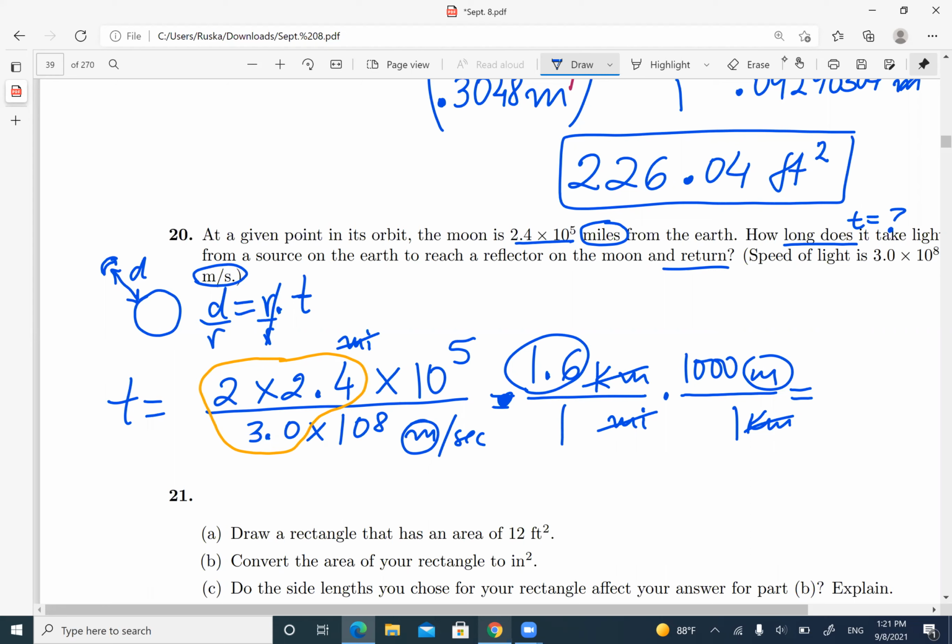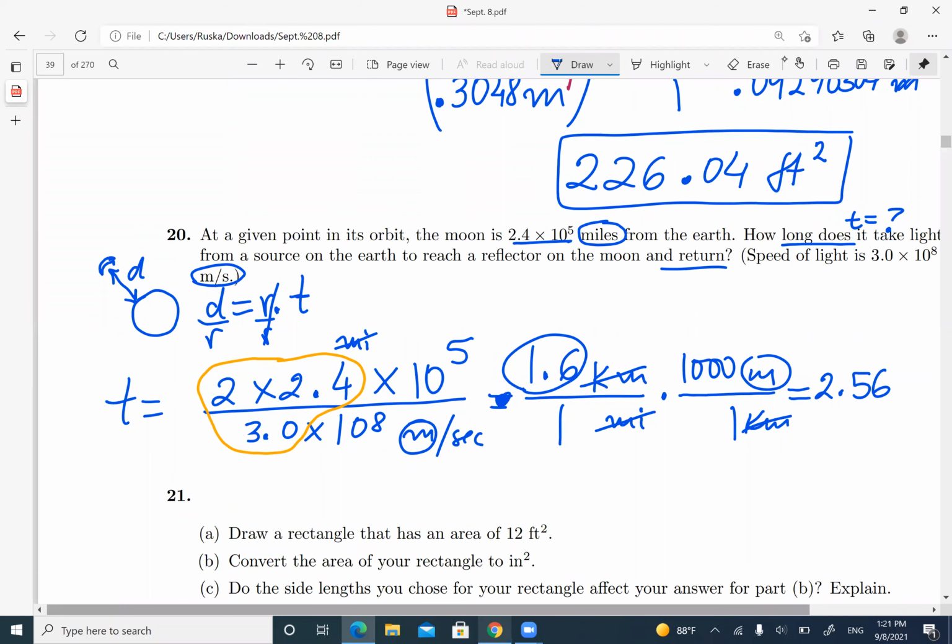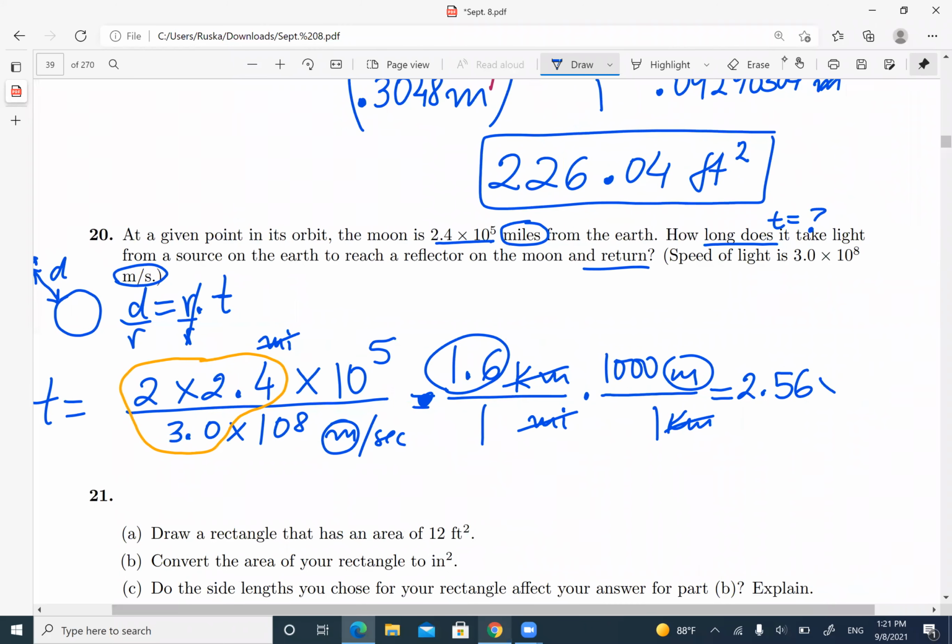That's 2.56. And then let's do the tens. Times 10. Now, here we have 10 to the 5th, 10 to the 8 in the bottom, and this 1,000 is technically 10 cubed, right?